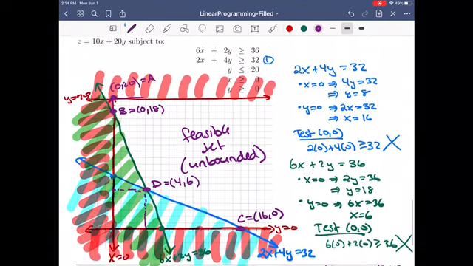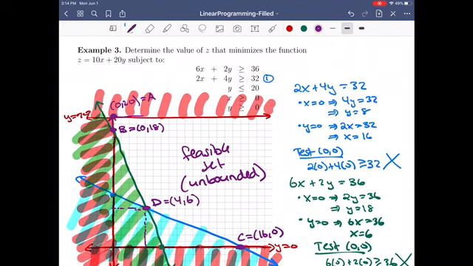So when they're unbounded, it means that we may not have a solution. But for here we do, because we want to minimize this function.